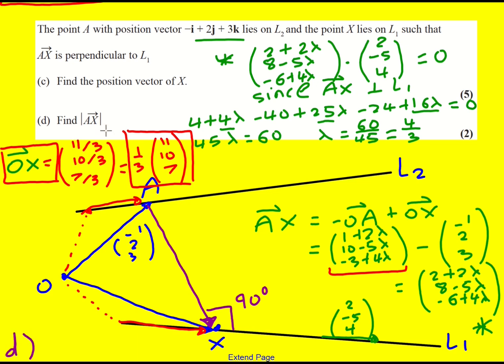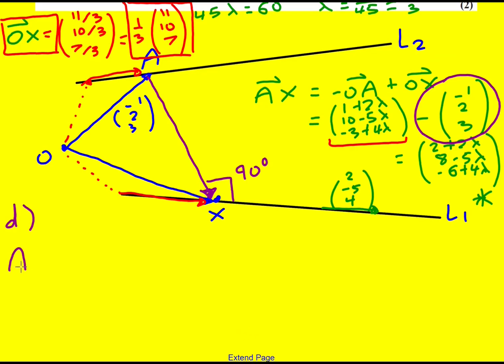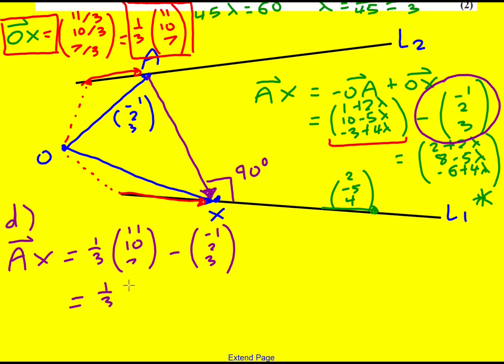For D, AX, we're simply minusing this from it. And if you follow through the calculation on that, keeping the third outside, then it becomes a third times (14, 4, -2).